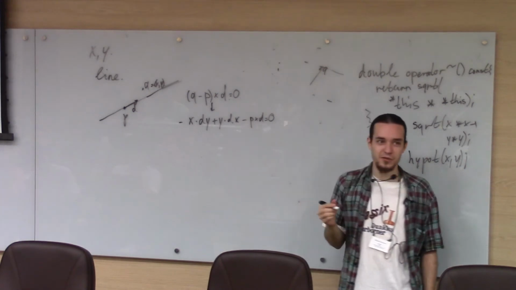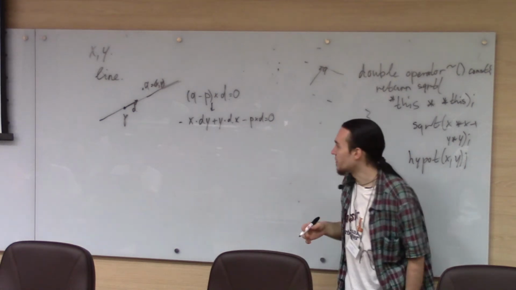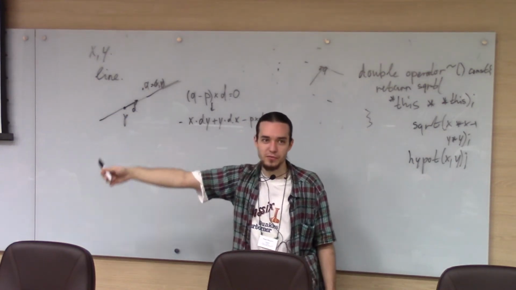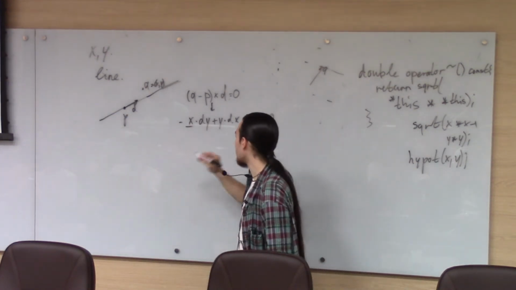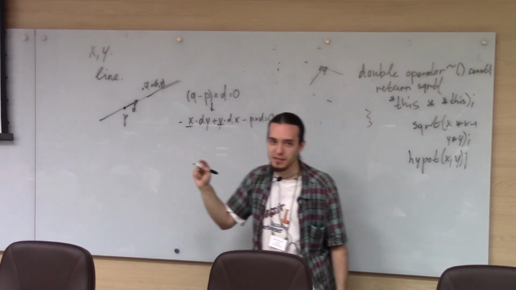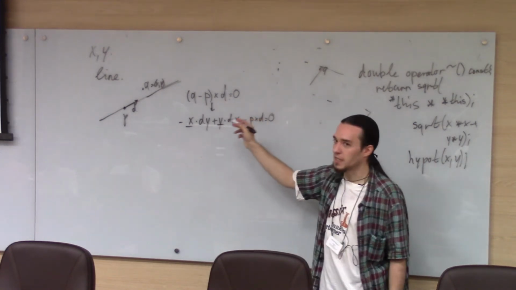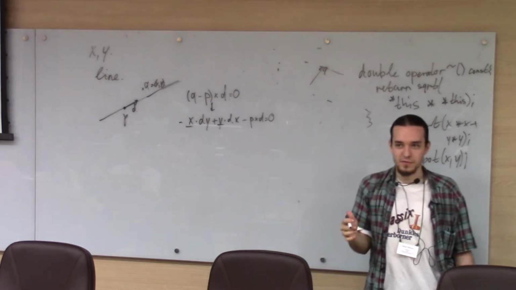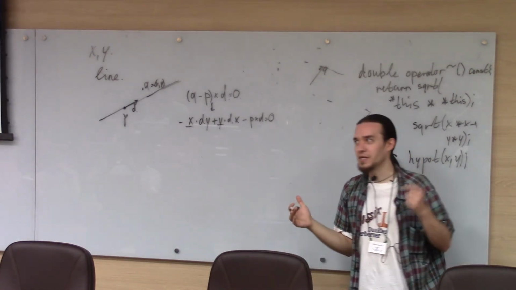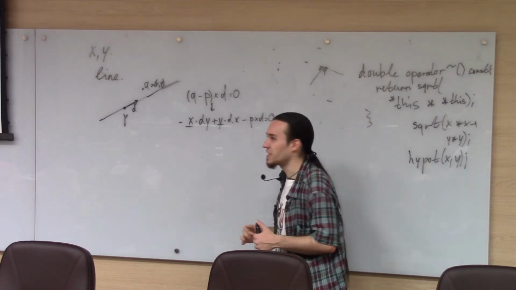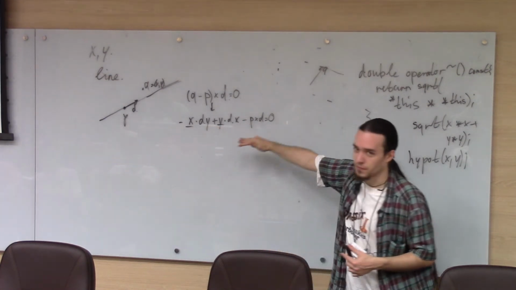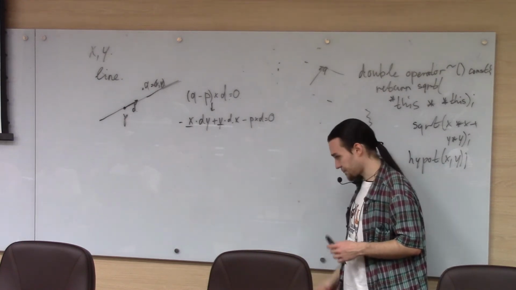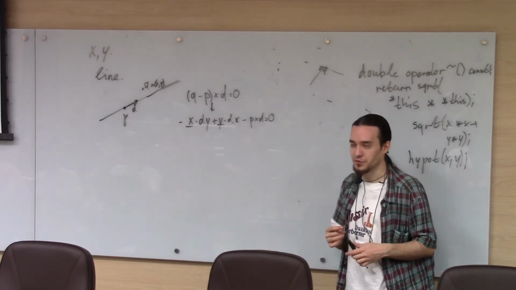So what is this equation in terms of coordinates of the point Q? This is actually a linear equation, right? Because it's something times x and something times y plus basically a constant that doesn't depend on the point is equal to 0. We kind of know that by now, but each line can be defined by a linear equation, and the linear equation is actually better in most cases.